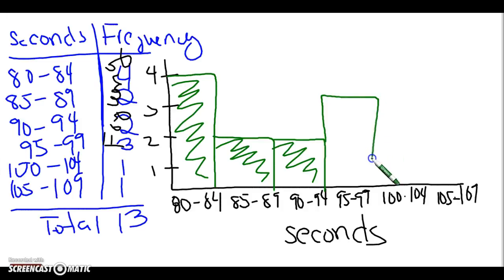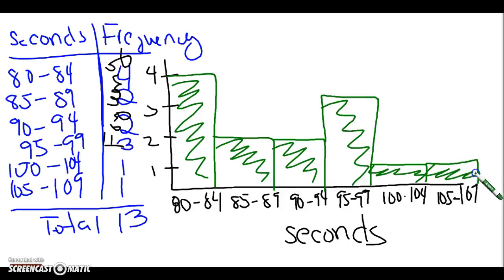Notice there's no space. 100 to 104, there were 1, and 105 to 109, there was 1. Now, the book might look different from mine because there are different ways that you can do it. The intervals could be different, but this is an example of a frequency table, and I hope this helps.